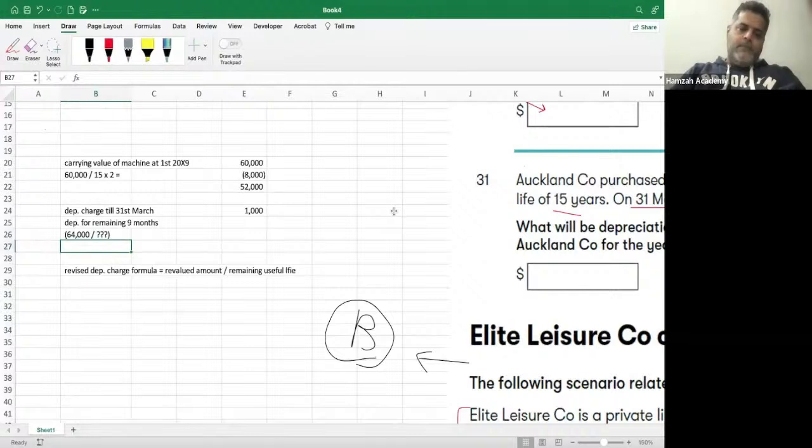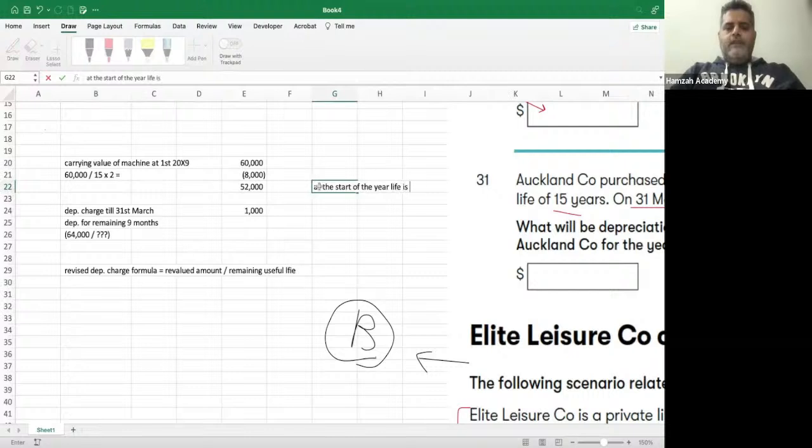Now, this is the issue. We don't have the straight remaining life over here. If I go in 20x7, the machine had a total life of 15 years. At the start of the year, life is 13 years at the start.